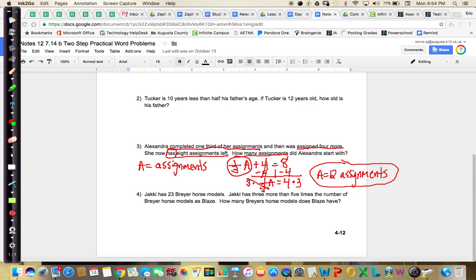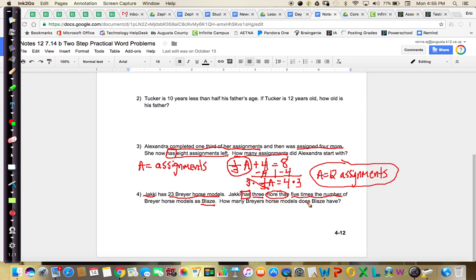Okay, we have one last problem to work on. So it says Jackie has 23 Breyer horse models. Okay, so Jackie. Now, Jackie has, so that means Jackie's going to equal 3 more than 5 times the number Blaze has. Number of Breyer horse models is Blaze.